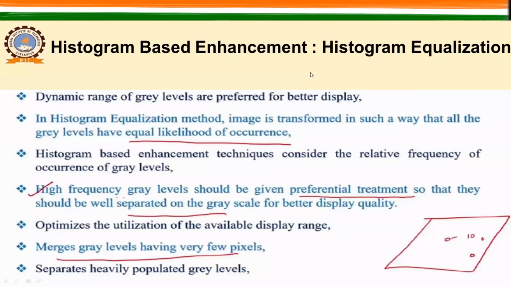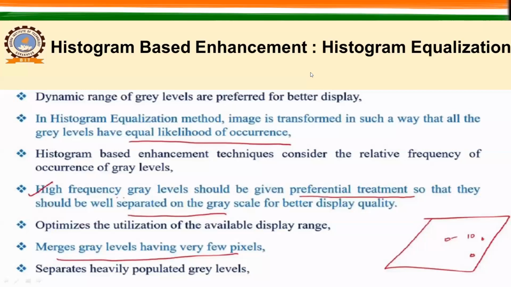You might be remembering from the previous slide: in the brighter portion, you need high contrast, right? So you need more value in the intensity so that your difference will be visible, but in the darker portion, if you are having very less difference, that is also seen. So that is why it gives preferential treatment so that they are separated on the gray scale, right?